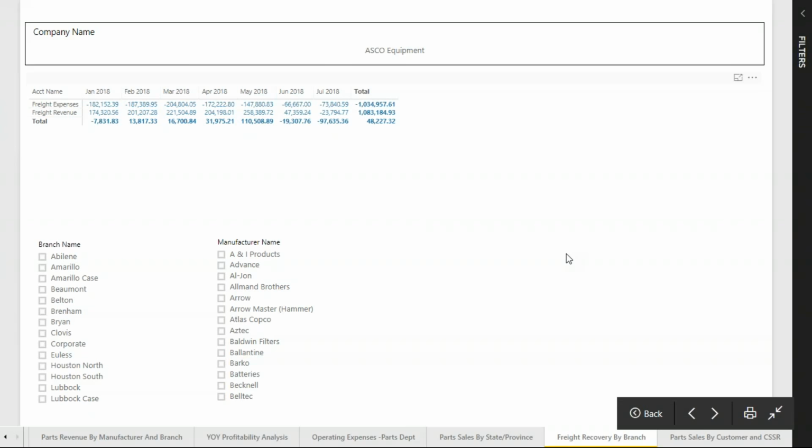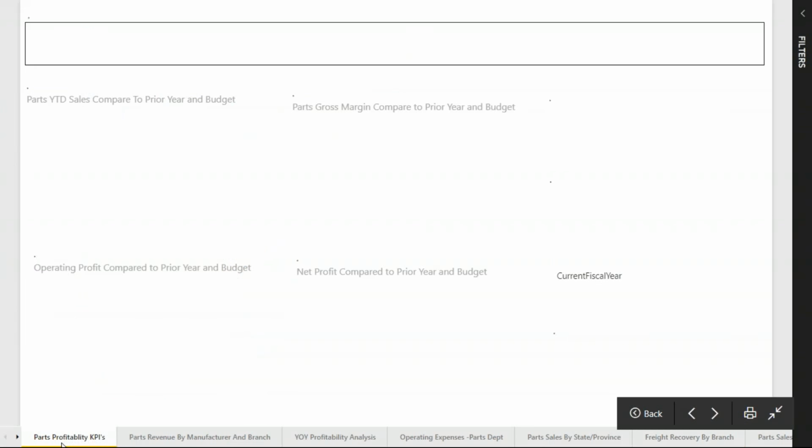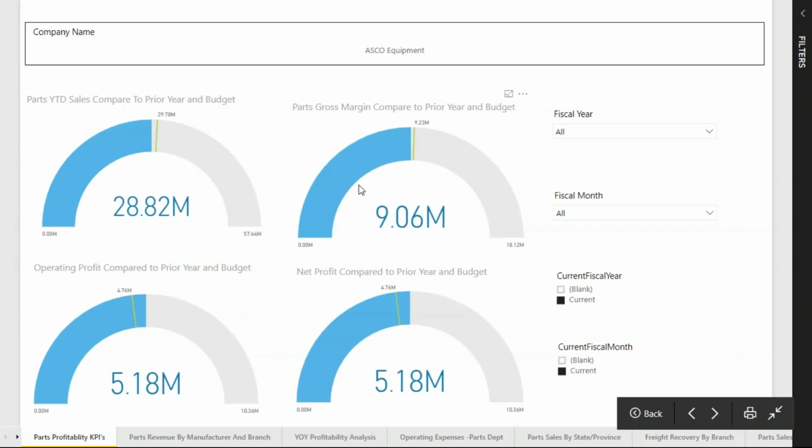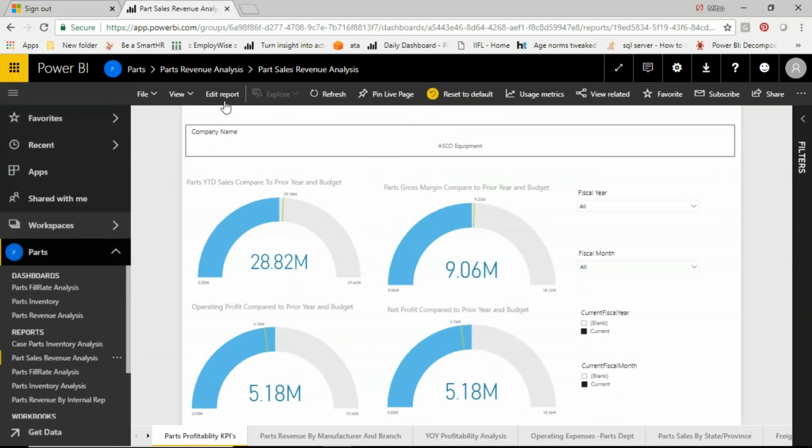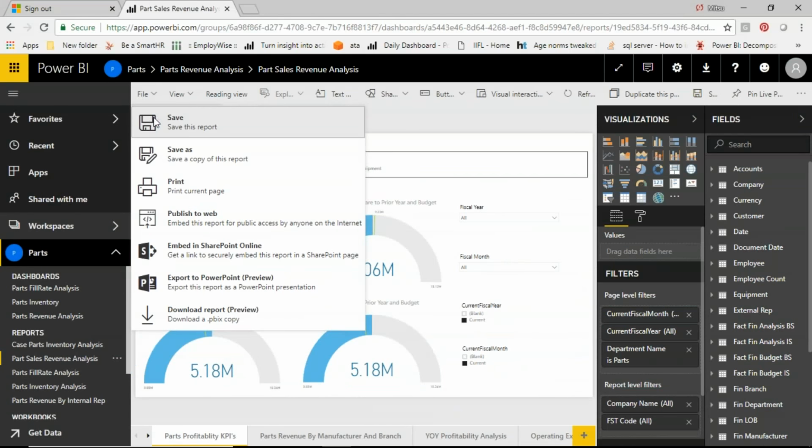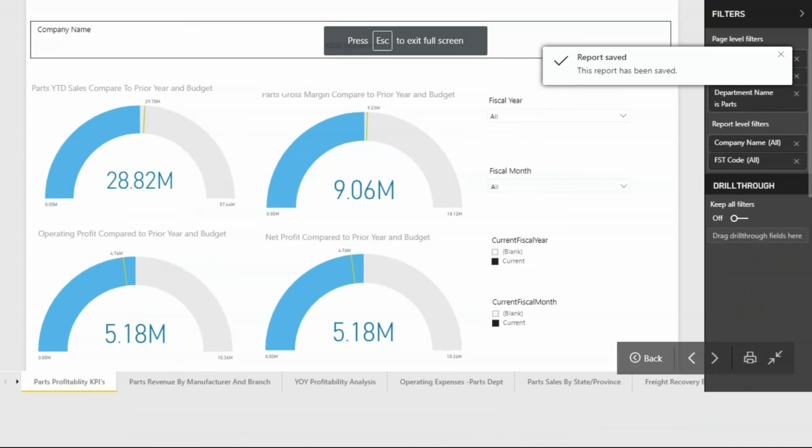Okay, so I'll give you a pointer to something else to look into. Looking at the parts gross margin compared to year to date, is that really saying that we're down that much, $8 million over the prior year? No, this is your number. It's 9.06 compared to 9.22. Oh, okay, awesome.